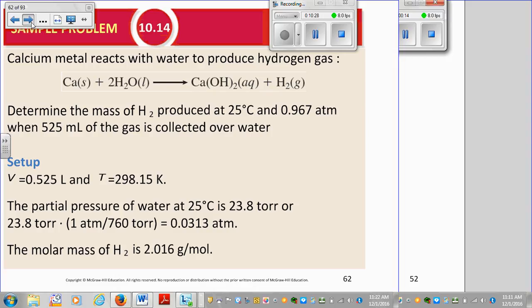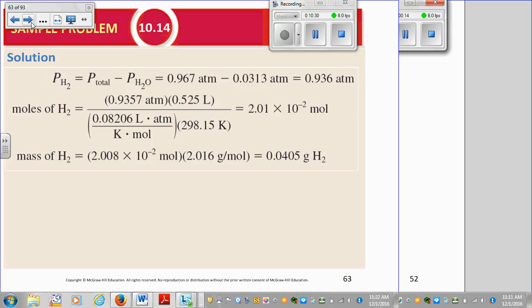So what do we do with that information? Well, the pressure of the hydrogen is the total pressure, which is 0.967 atmosphere, minus the pressure of the water, 0.0313. So the partial pressure of hydrogen is 0.936 atmosphere. The moles of hydrogen is equal to, rearranging the ideal gas law, n equals PV divided by RT.